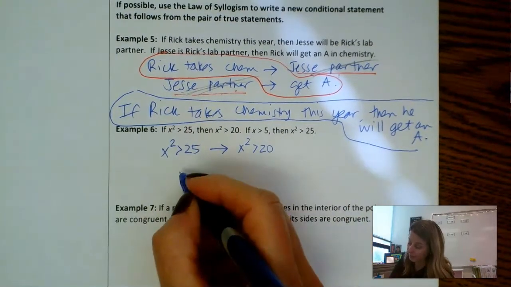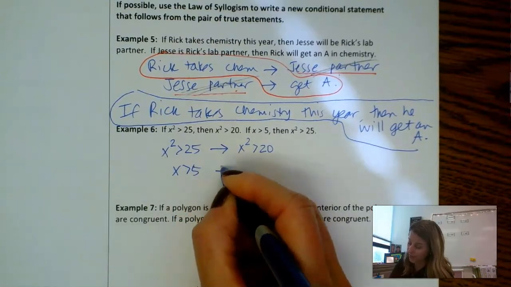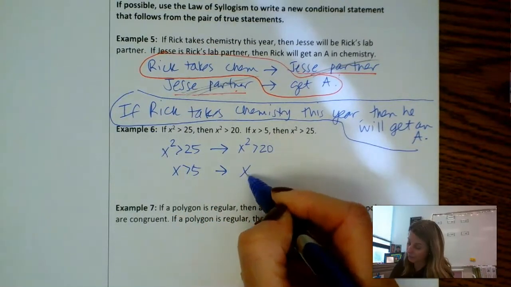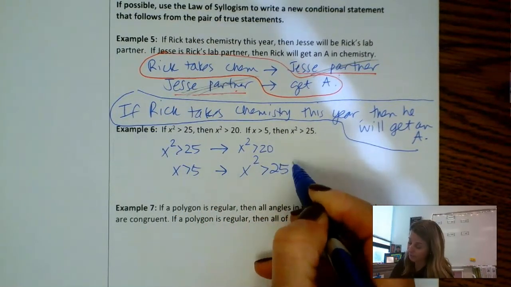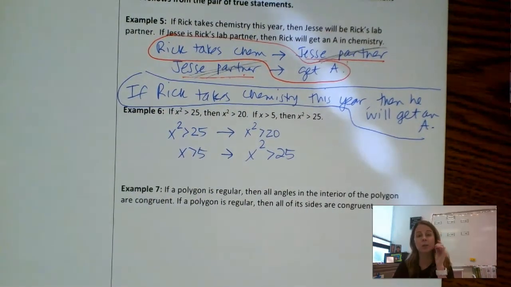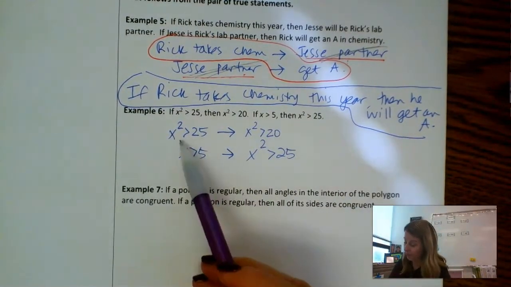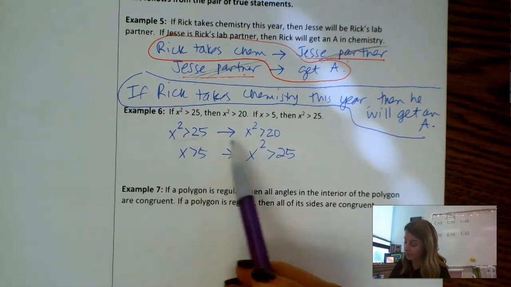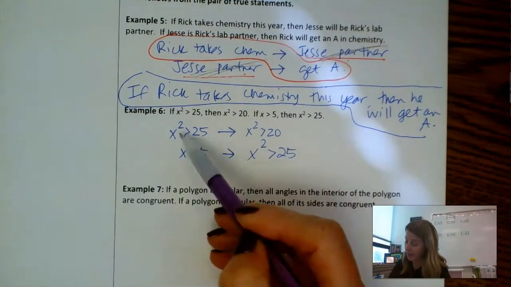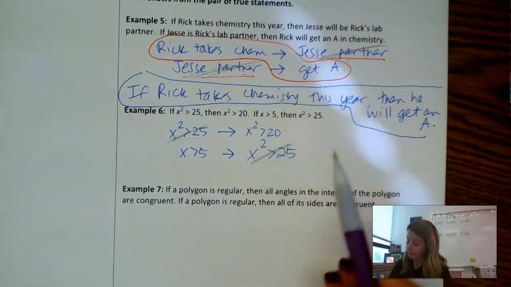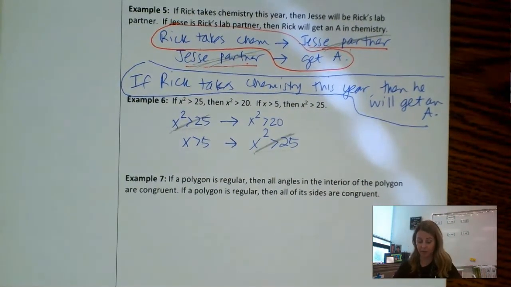If x greater than 5, then x squared greater than 25. I'm looking for a hypothesis and conclusion to be the same, and I have one right here. See how this hypothesis and this conclusion match? So they can cancel each other out.